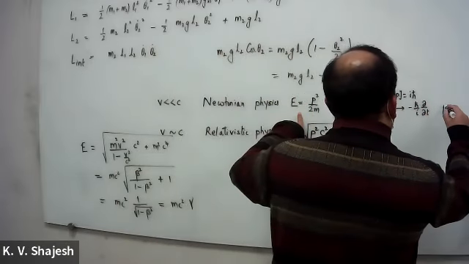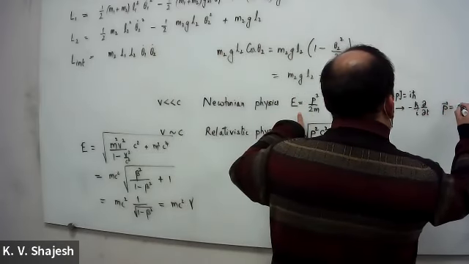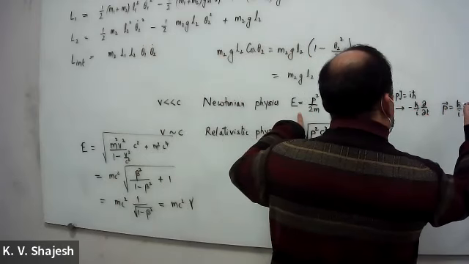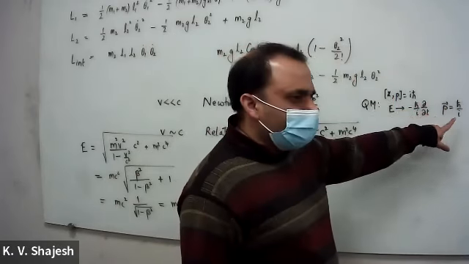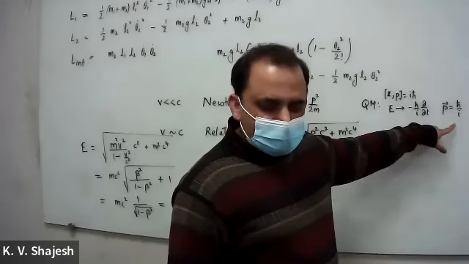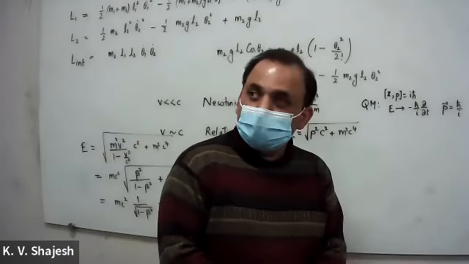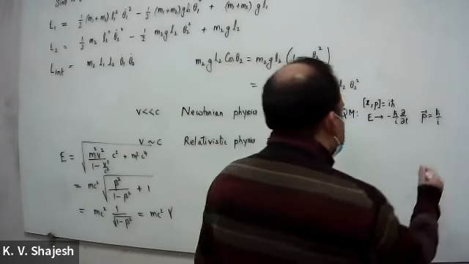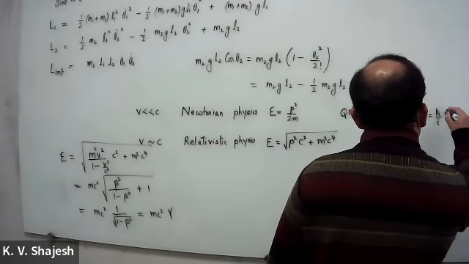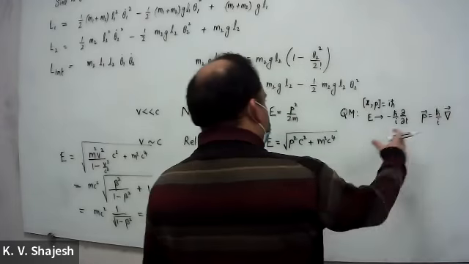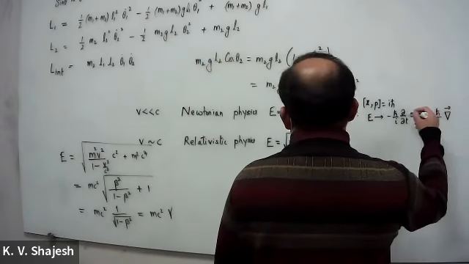And P is switched to what? If this is d by dt, what is this? Gradient. Gradient, very good. So momentum is related to position, that's the gradient. And you get the Schrodinger equation.